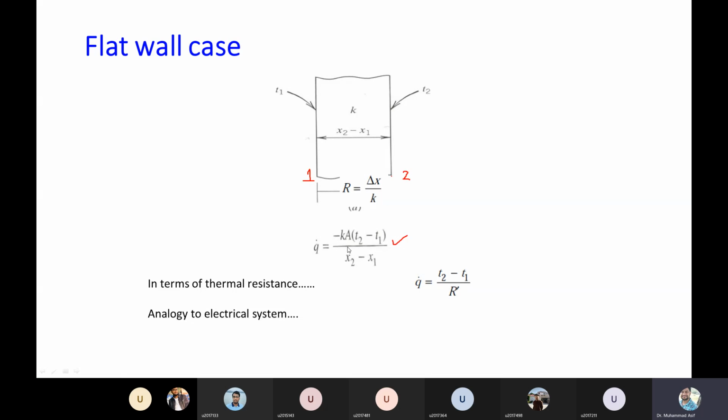So the resistance in that case is equal to (x2 minus x1) divided by Ka. The negative sign is only an indication of the decrease along the temperature gradient.